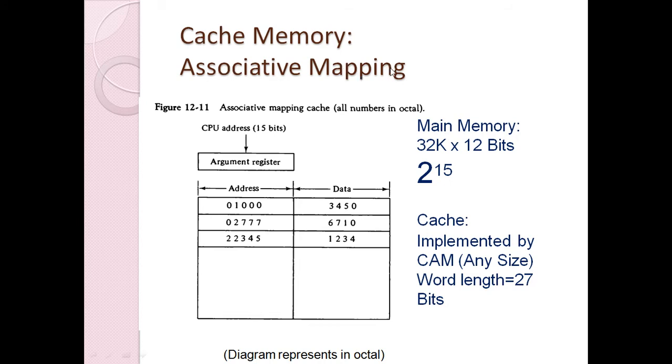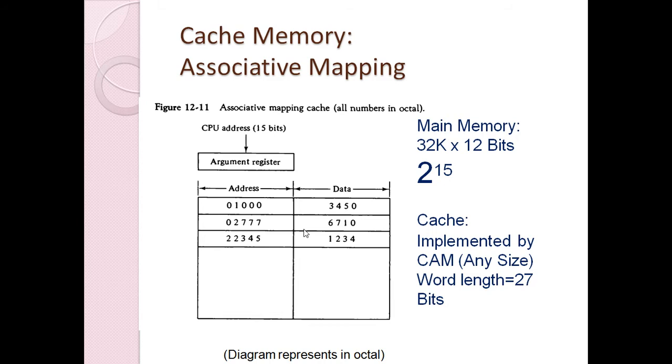So in associative mapping, the cache memory is implemented using an associative memory. Associative memory, you have already studied, is content addressable memory. There is no address of associative memory itself.